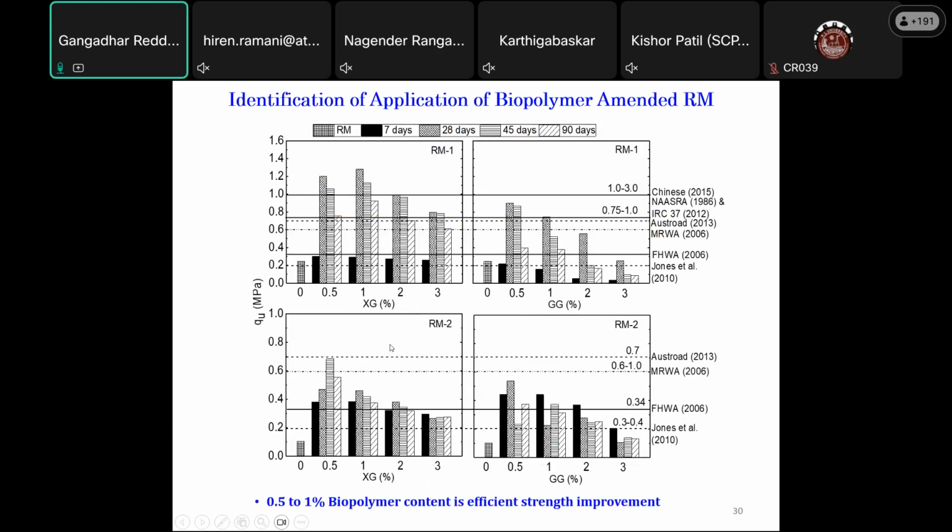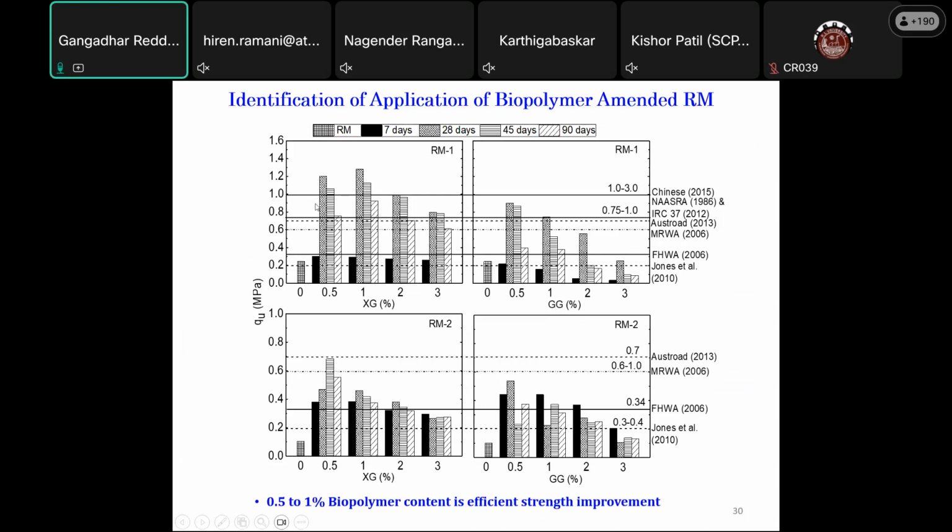So for improvement of the strength, you can see the biopolymer content of 0.5% is good enough. 1% is very good. But with further increase of biopolymer content, the strength is getting decreased. At the same time, one of the main drawbacks with the use of biopolymer is that they are biodegradable in nature.